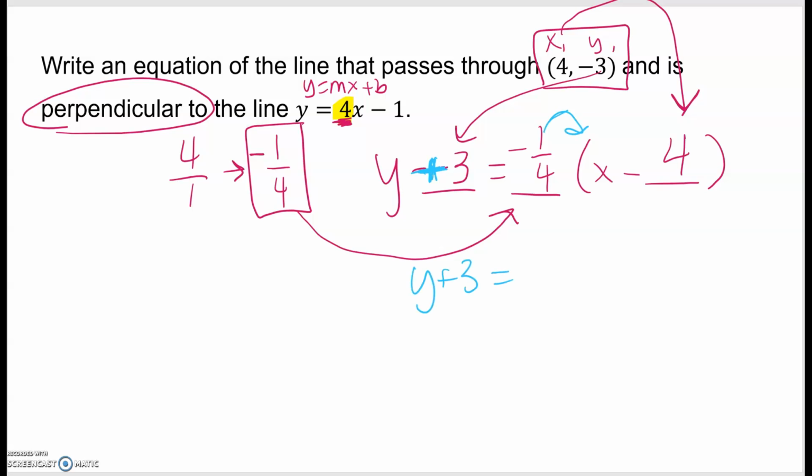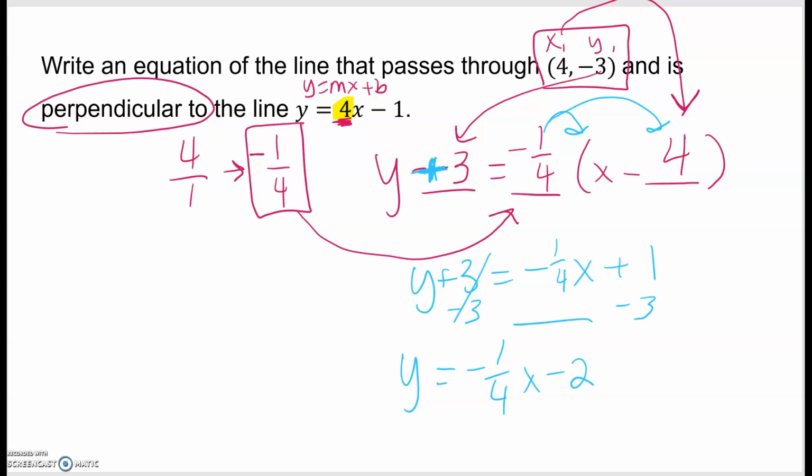And now I'm going to distribute that -1/4. So I get -1/4 x plus 1. Okay, then think about how you get your y by itself. So we're going to subtract 3 from both sides. So y equals -1/4 x minus 2. And there's your equation.